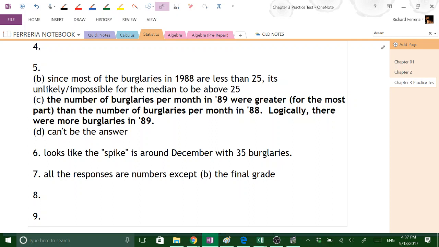Oh yeah, we're on number 10. It said on the answer sheet that number 10 is D. 30 to 45. Oh, it is D. I did 30 to 50. 30 to 45 is 5 plus 5 plus 1, which is 11. So yeah, D.